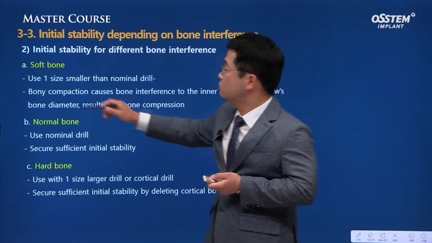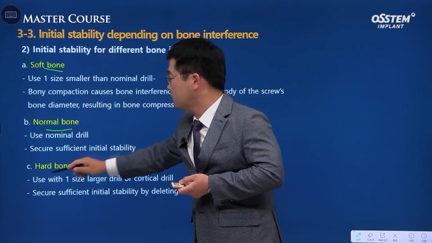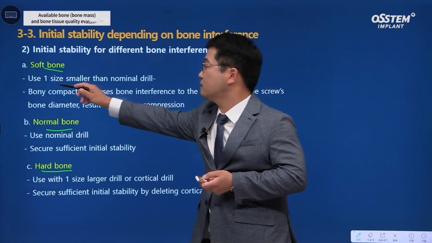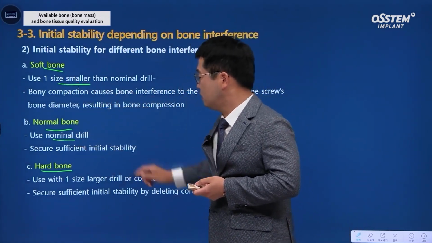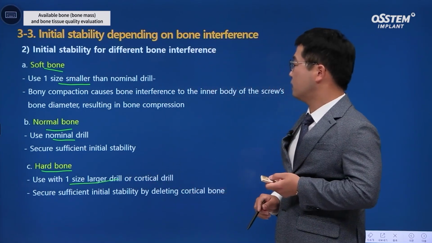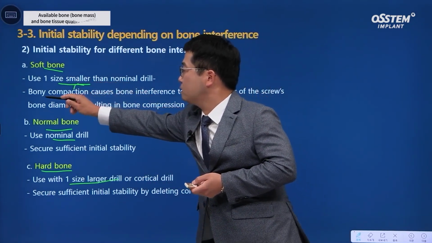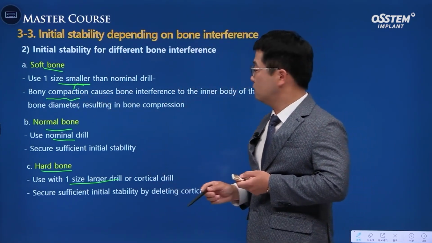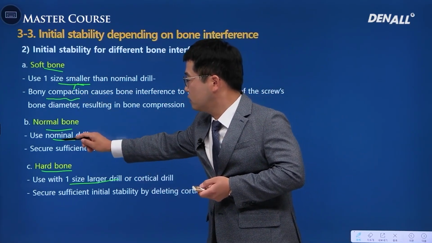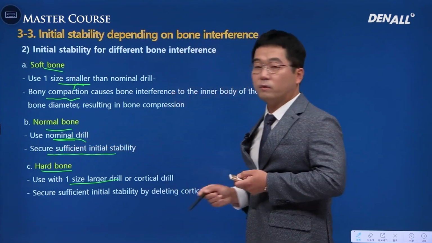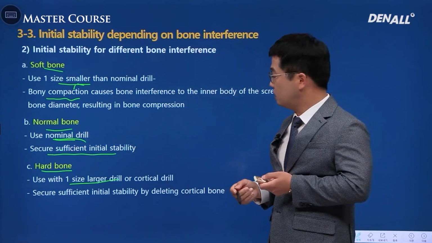Let me summarize. Depending on soft, normal, and hard bone, we need to come up with a strategy how you're going to drill. In soft bone, you need to do under drilling, and in the case of hard bone, you need to do over drilling. With bone compaction, you can get to primary stability in the case of soft bone. In the case of normal bone, you can use nominal drill to get the primary stability that we want.